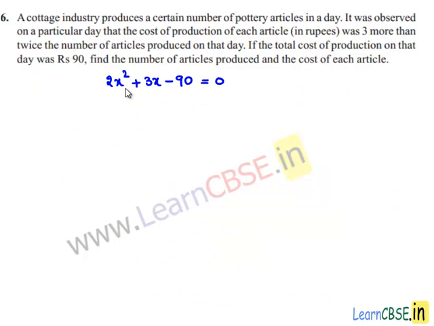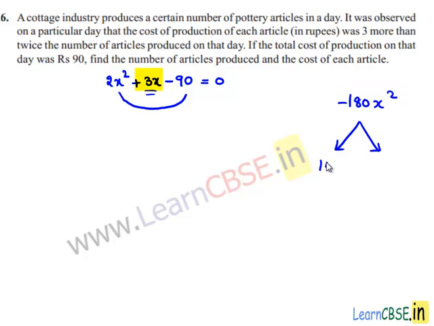Let us solve this equation by the method of factorization. The product of first term and the last term is minus 180x². We need two terms such that their product must be equal to minus 180x², and their sum must be equal to plus 3x.